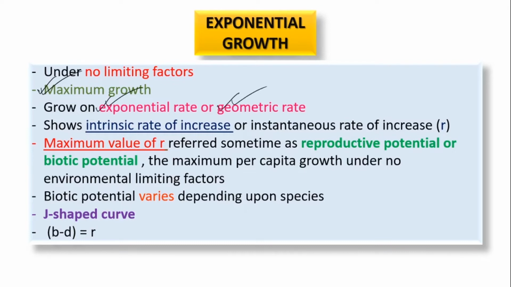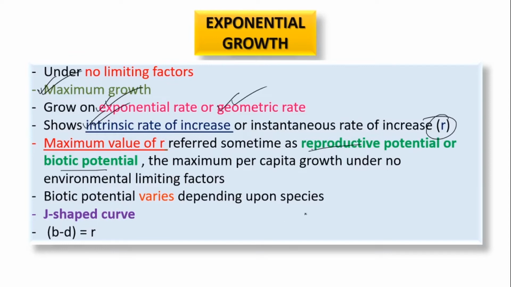These two kinds of growth pattern are under the exponential growth type, and specifically for the exponential growth type, the population will show an intrinsic rate of increase, also called the instantaneous rate of increase, which is denoted as r. Sometimes this intrinsic rate of increase is referred to as either reproductive potential or biotic potential. And this intrinsic rate of increase is the maximum number of individuals which are produced by a female individual at a time under no environmental limiting factors.